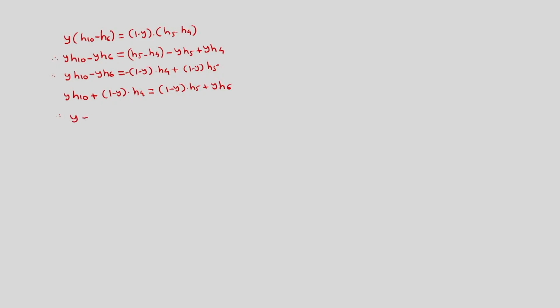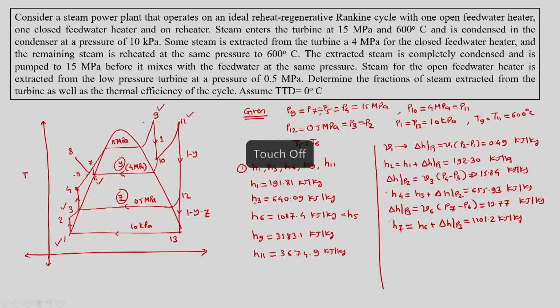Further, if we rearrange all the terms, we get Y is equal to H5 minus H4 divided by H10 minus H6 plus H5 minus H4. If we put in all the enthalpies, we get Y equal to 0.1726.